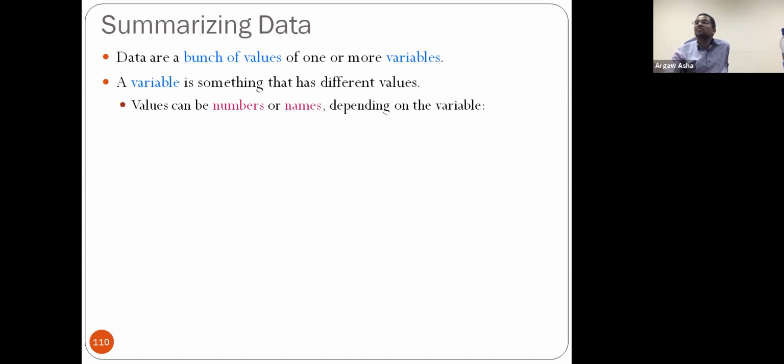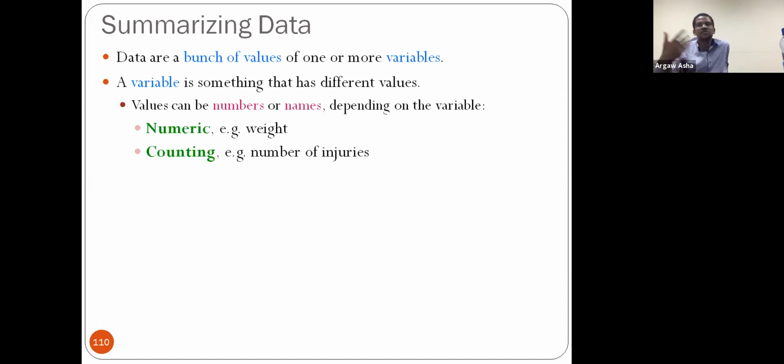If it's numeric, for instance, weight can be numeric. Weight in kg, you may have some pounds and so on. For instance, if you are counting, if the building collapses, what is the number of injuries? You are counting the cases.